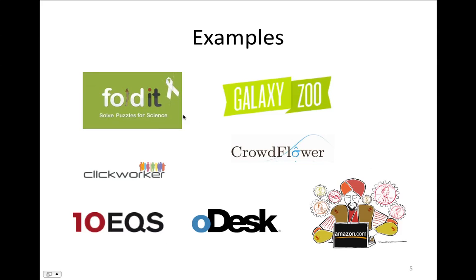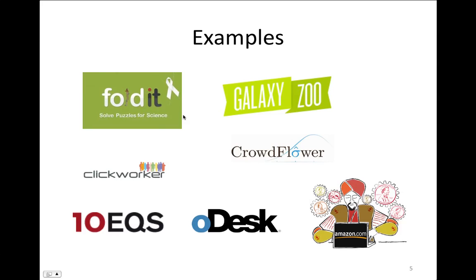So let's look at recent examples of the things we call crowdsourcing. You might have heard about Foldit or Galaxy Zoo. These two are examples where researchers took advantage of volunteers, people who are interested in research, or want to play a little bit of a game, or want some brain teasers, to come and do these small puzzles.